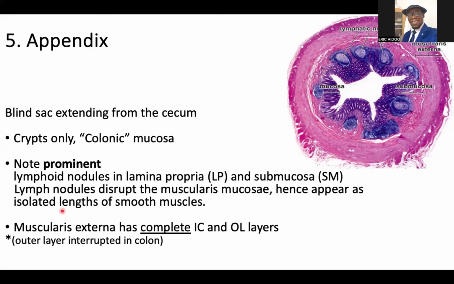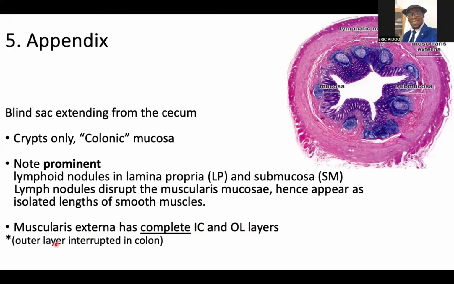So they will appear as isolated lengths of smooth muscle instead of the continuous lining we find in the small intestine. Muscularis externa has a complete inner circular and outer longitudinal layer.